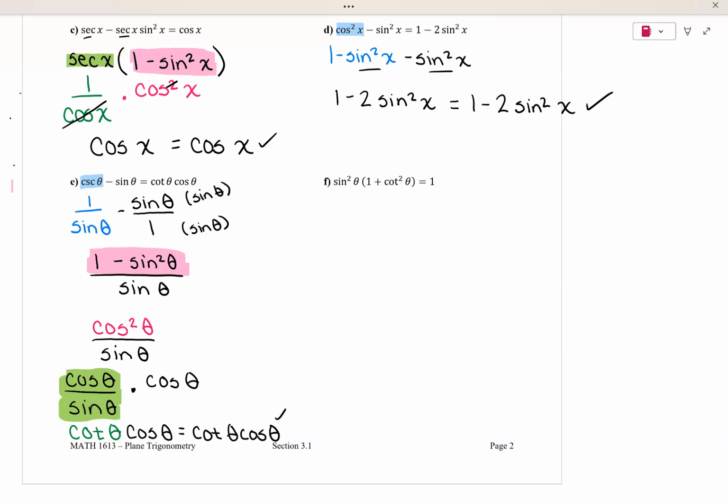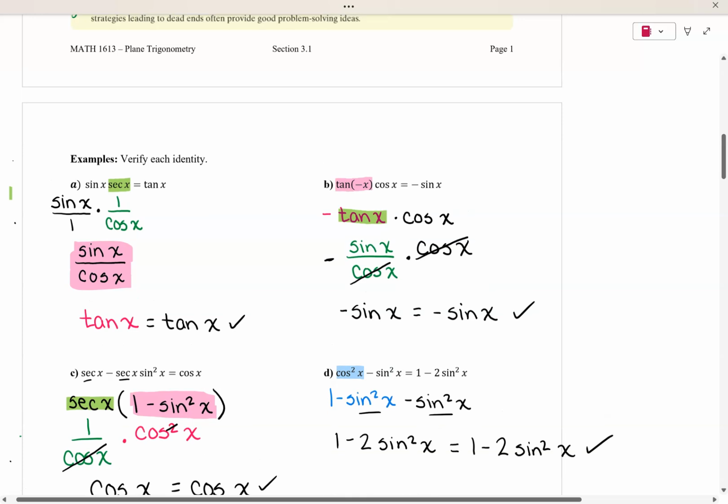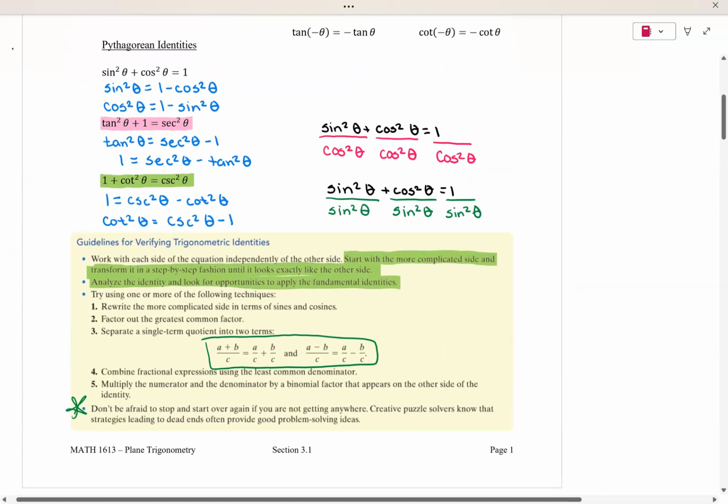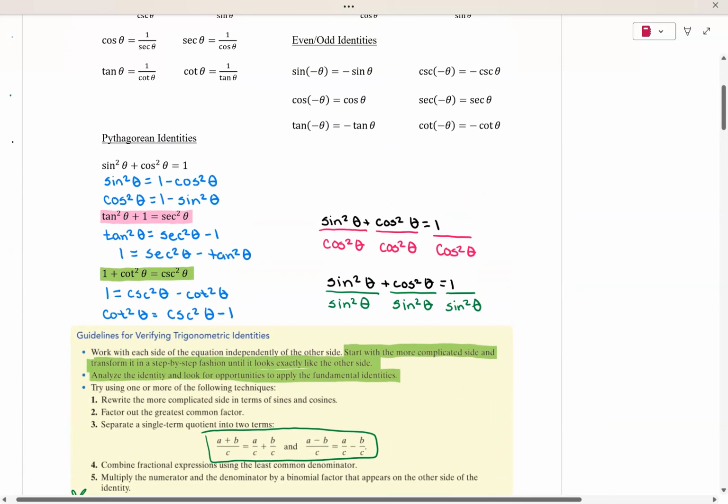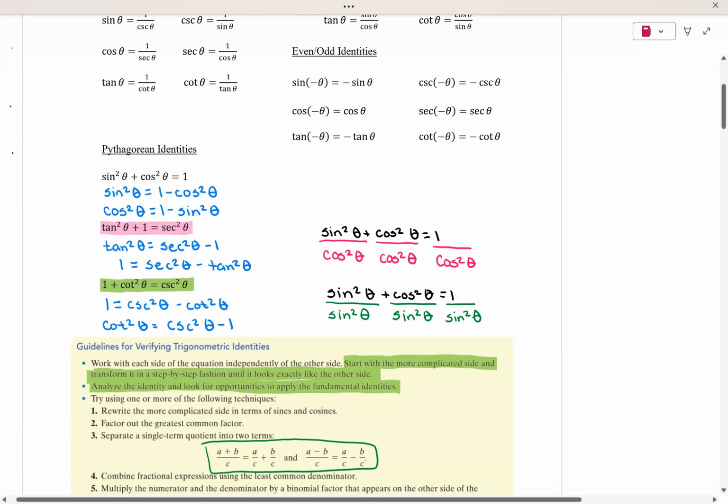Okay, well, we're definitely going to make the left side look like the right side on this one, because we just got to work it down to a 1. So we have the 1 squared times 1 minus cotan squared. So let's go double check that 1 plus cotan squared. So if we come back and look at this page, if you look right here, 1 plus cotan squared can be changed to secant squared.